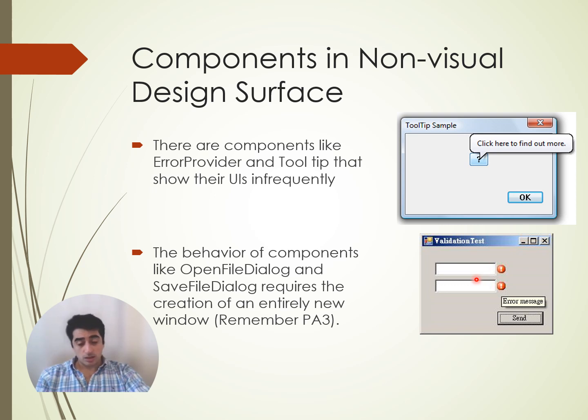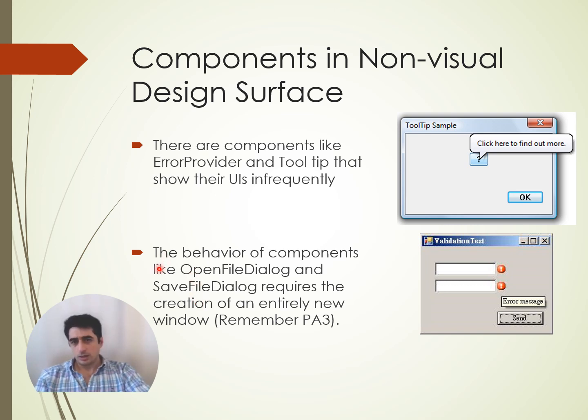Also, some other components that are in the non-visual design surface are basically represented by the creation of an entire window, like all the standard dialogues, open file dialog, save file dialog. And because of that, you don't need to have a visual representation for those components or place them on a visual design tray.